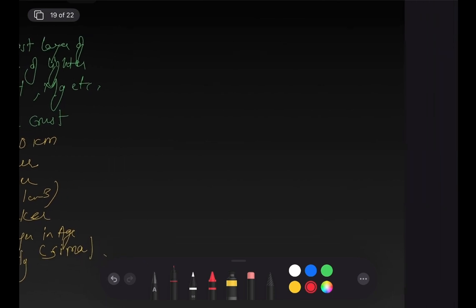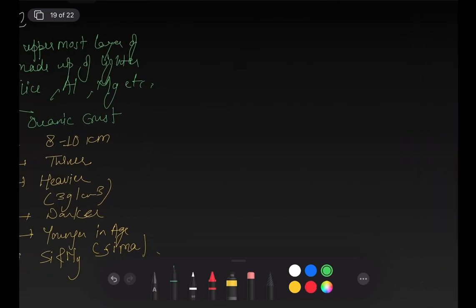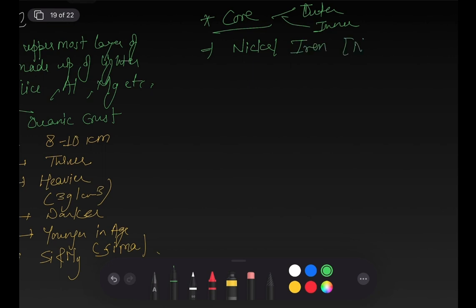Then let's understand core. Core is also divided into outer core and inner core. Core is made up of heavier material like nickel and iron, so core is also called Nife, that is nickel and ferrous iron.